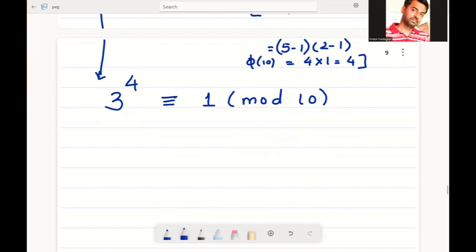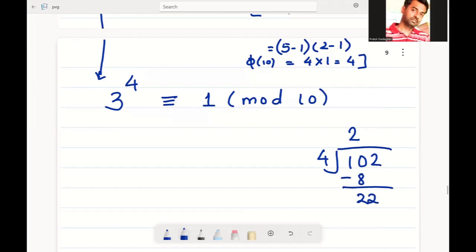If I divide 102 by 4, because I have a fourth power here and I need the 102nd power, I get 25 with a remainder of 2. So this 25 is an important number for me right now.